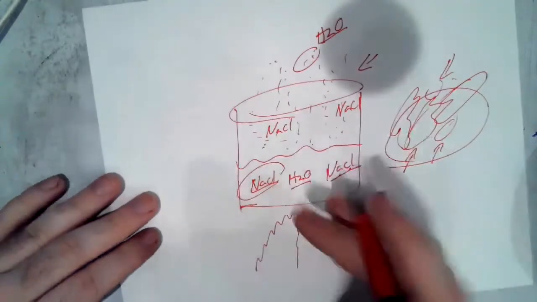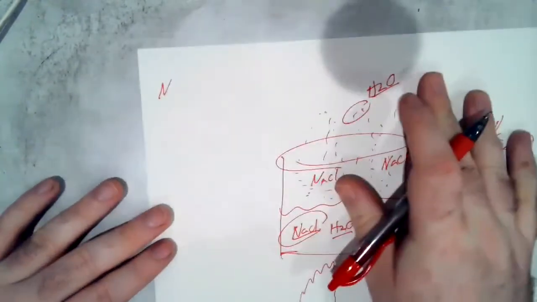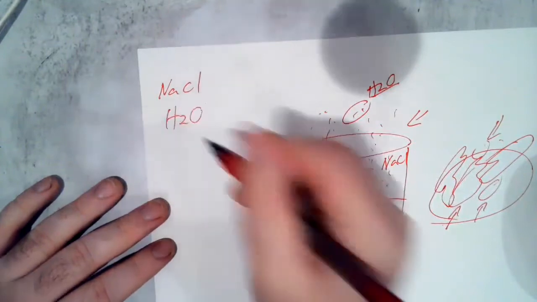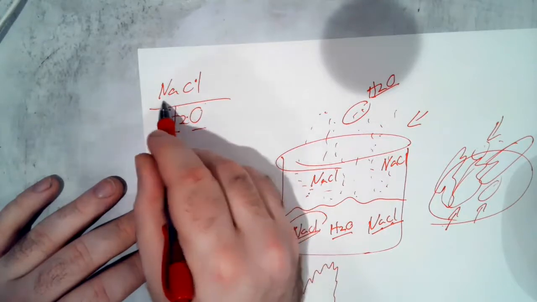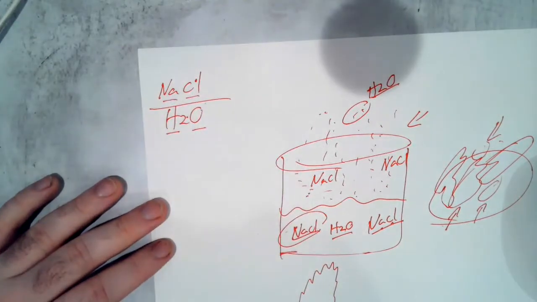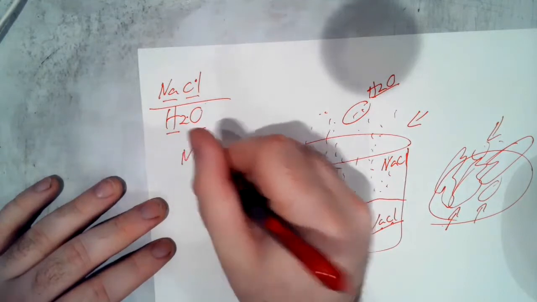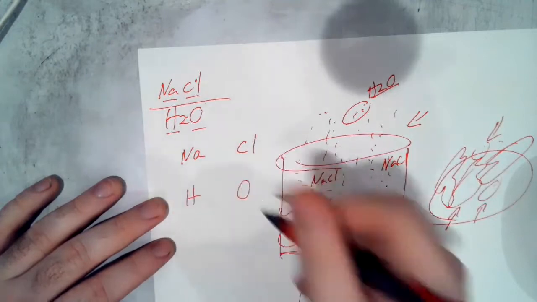And in addition to this paper, those elements that I named, or rather compounds, NaCl and CO2, these are considered to be compounds because they contain two or more different types of elements. Now, if I were to separate those two things, you got sodium, and then chlorine, and hydrogen, and oxygen.